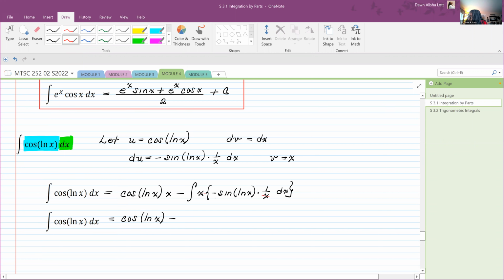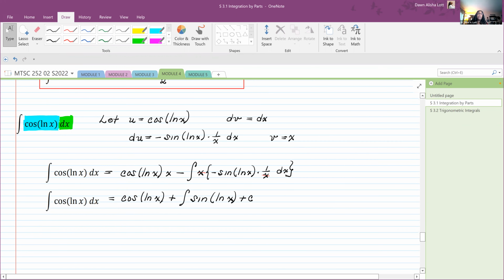I get negative, negative gives me plus the integral of the sine of the natural log of x plus C. So here we are again. The problem that we were trying to do is now in terms of a new problem that's very much like it. So our goal is to get this new problem under control.